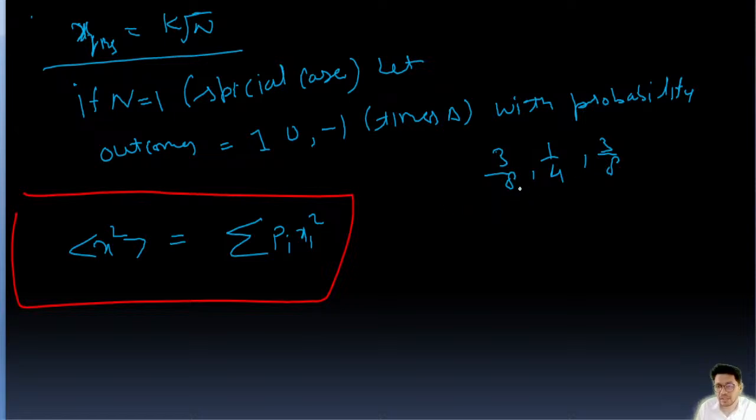So the expectation value of x square is p1 x1 square plus p2 x2 square plus p3 x3 square.